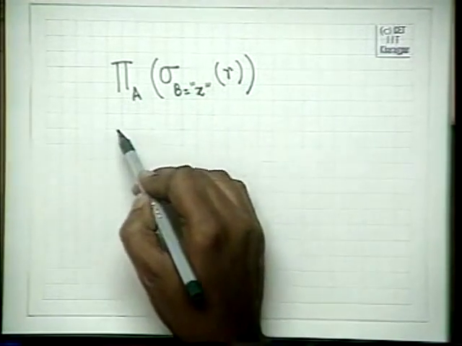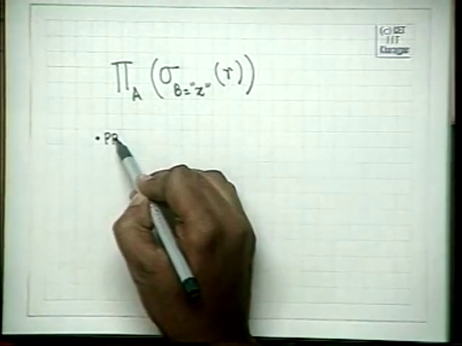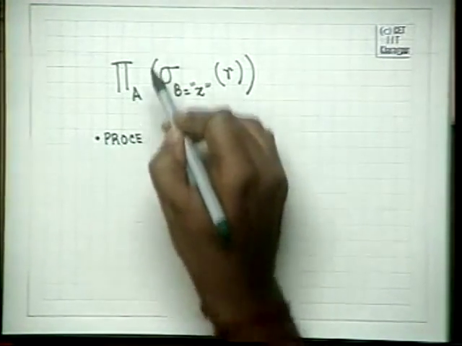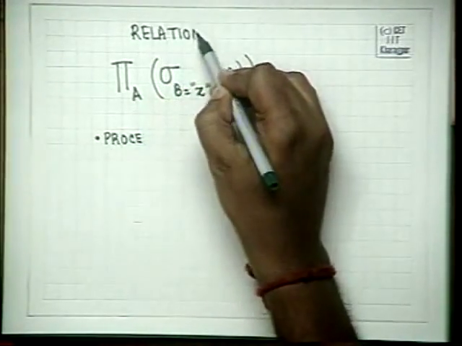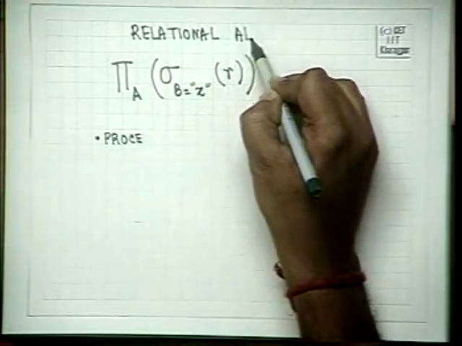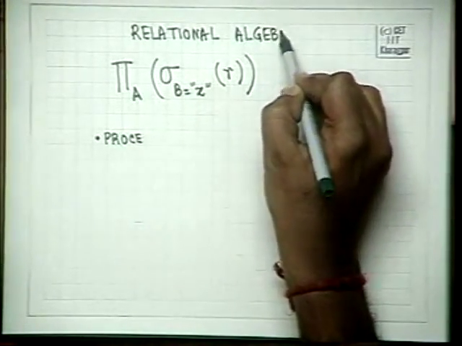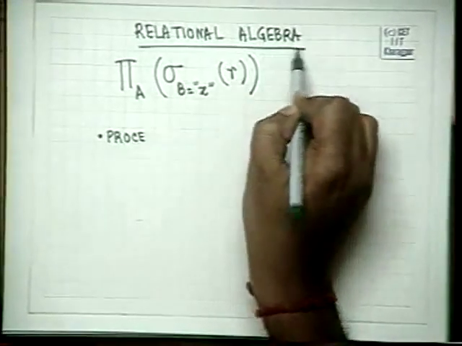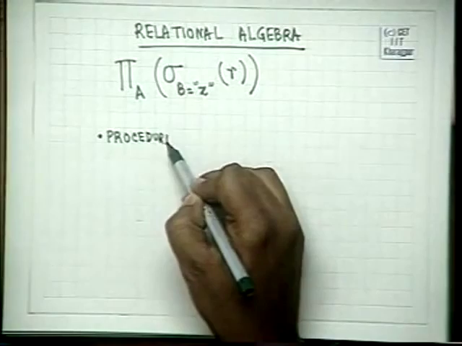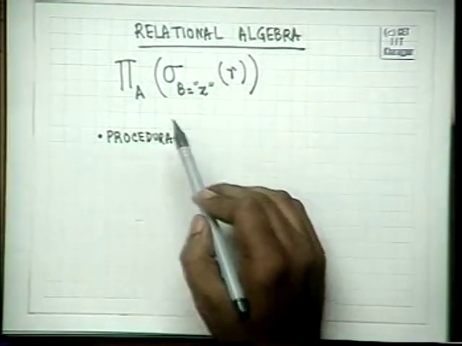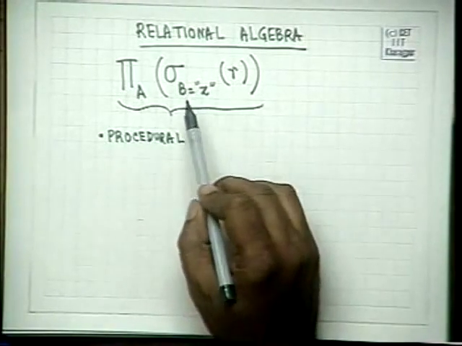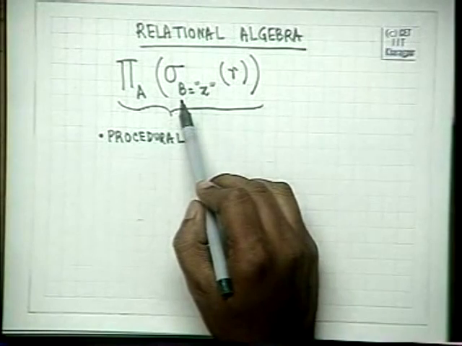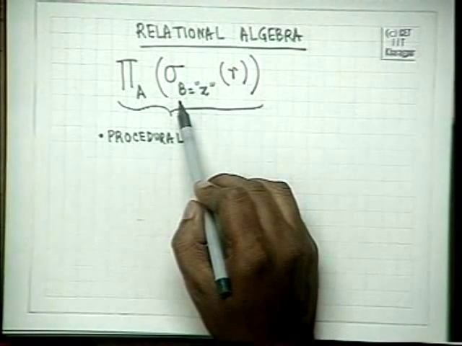Relational algebra has got the property that it is in some sense procedural in nature. You have to not only specify the relation which is to be obtained, you have to specify exactly how you will obtain it. That you have to specify for any relation how you will obtain it, that is, you have to define the new relation.